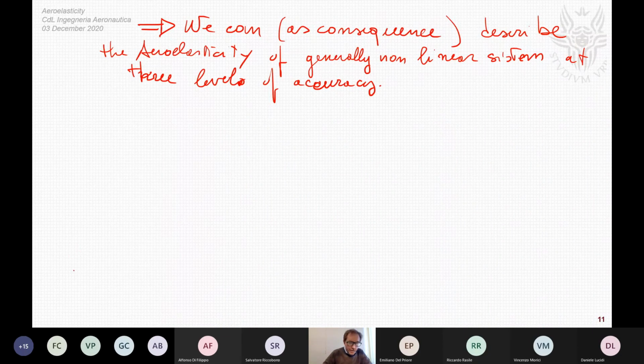And this is the point. First level, the higher level.